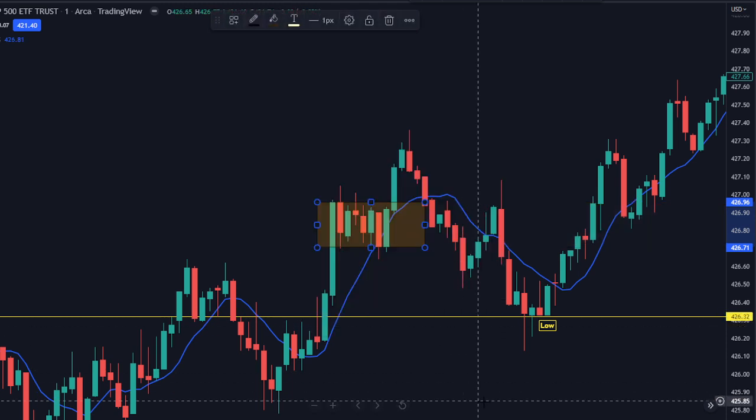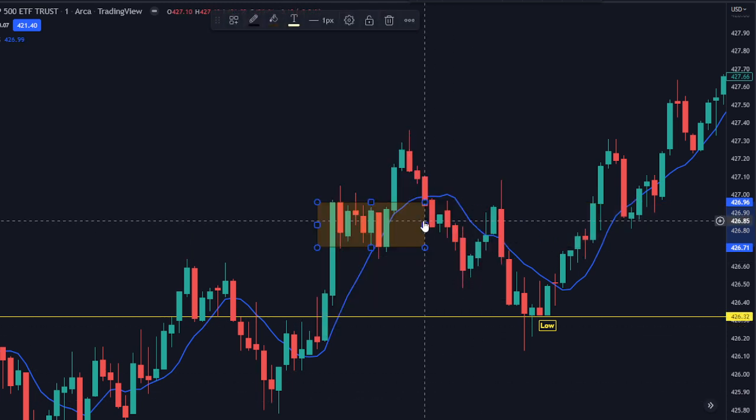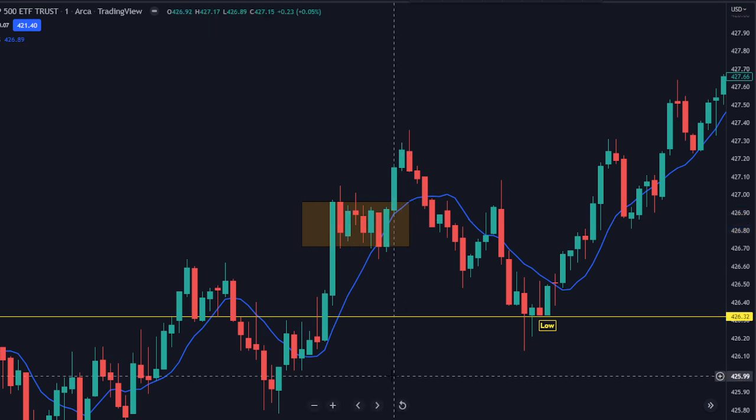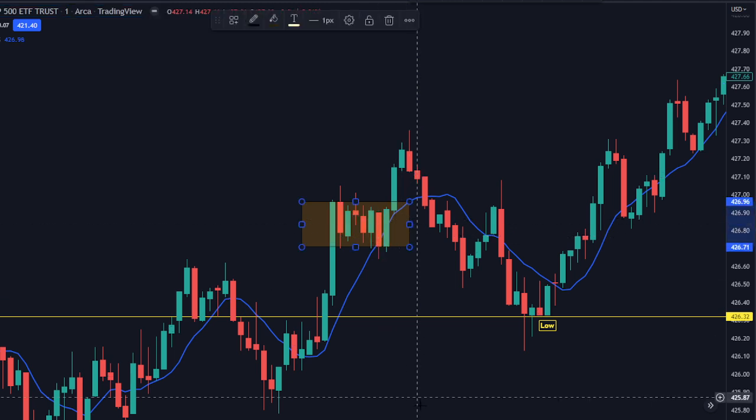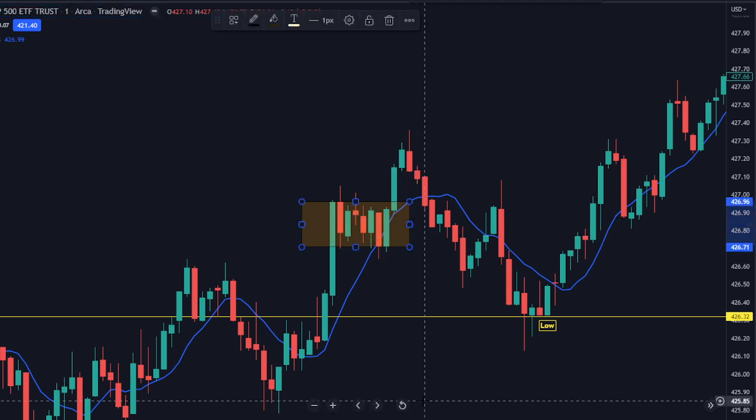You guys should be able to see on the right the two blue numbers. Can you select that orange box one time? Just select it. So that is highlighted. There you go. It looks like you have 426.96 and 426.71.